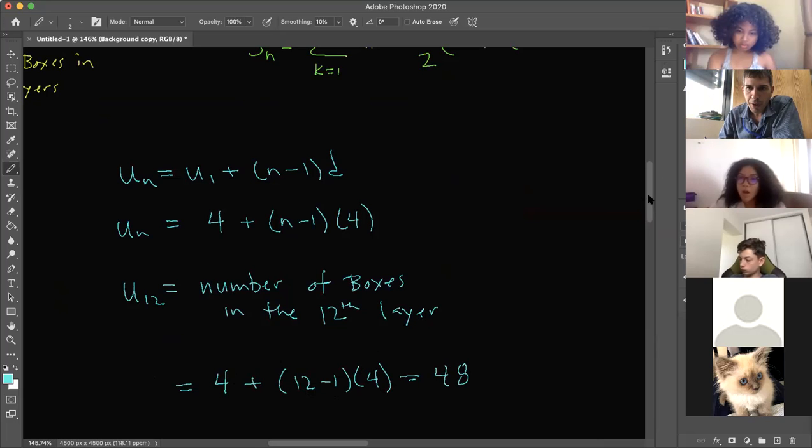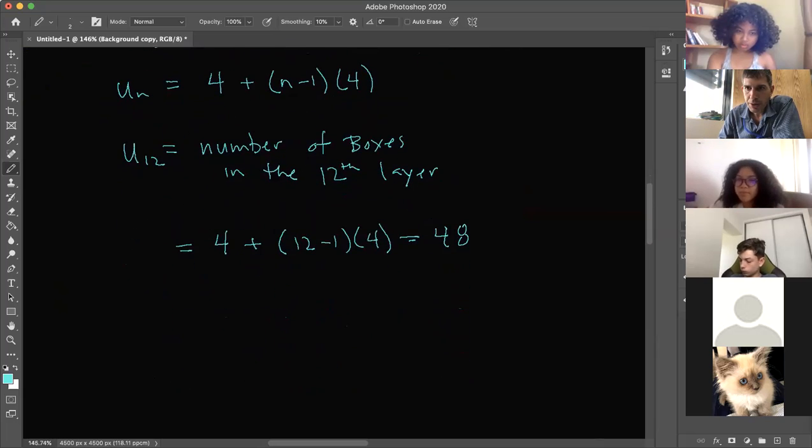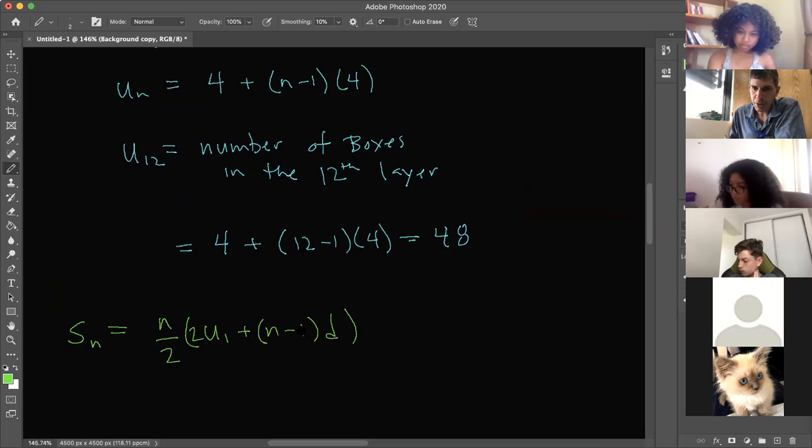So now if we want to figure out the total number of boxes, we're going to use this equation. S_n, the total number of boxes, equals n divided by 2 times (2u_1 plus (n minus 1) times d).